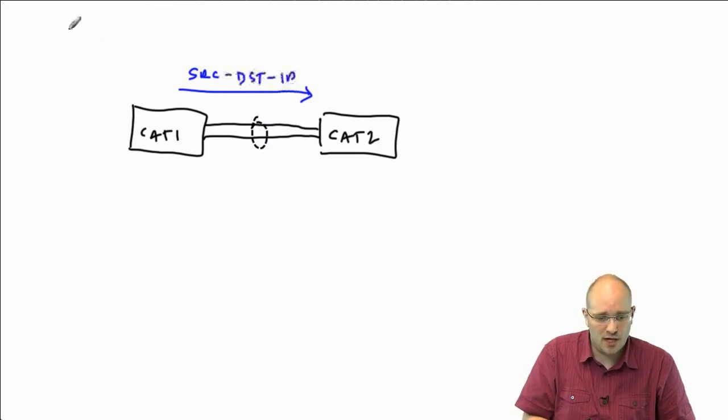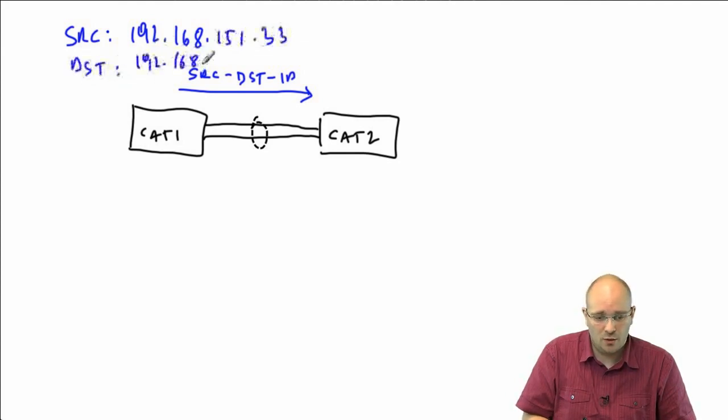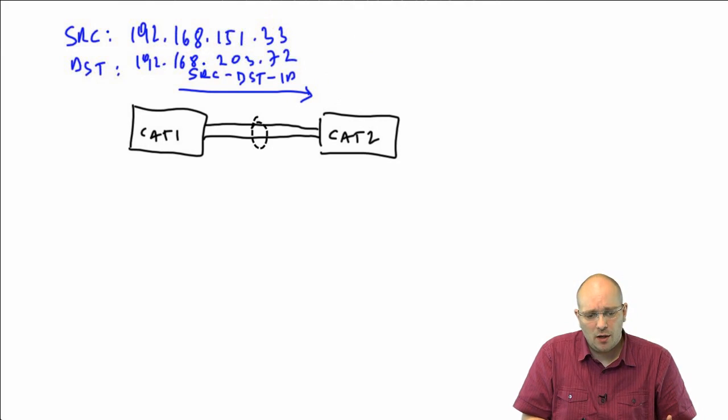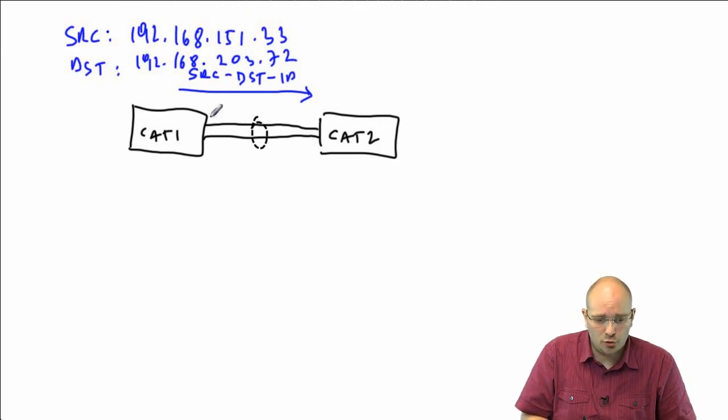Let's say that the source IP is 192.168.151.33, and let's say that the destination IP address is 192.168.203.72. So which link are we going to use? Are we going to use link number 0 or are we going to use link number 1?